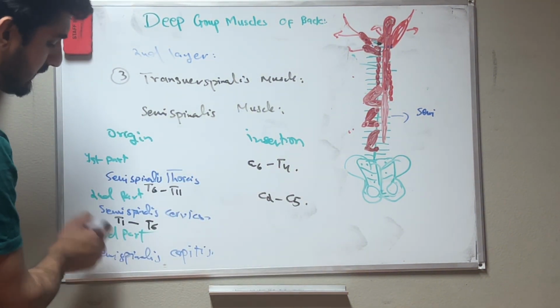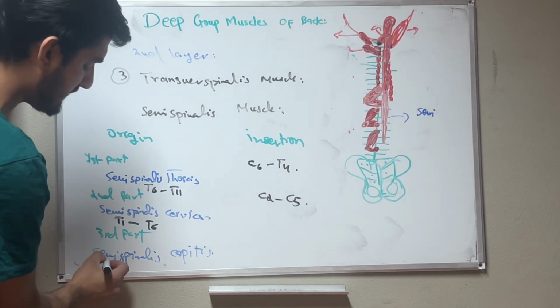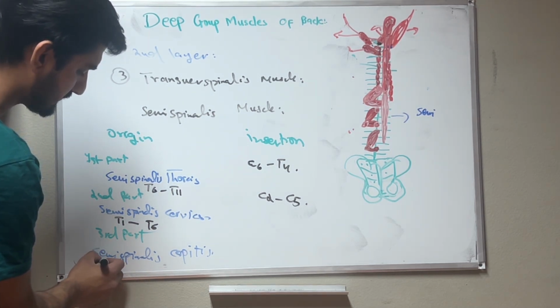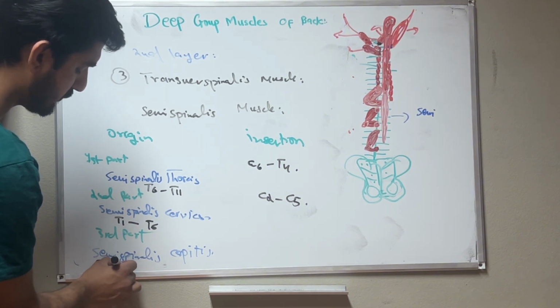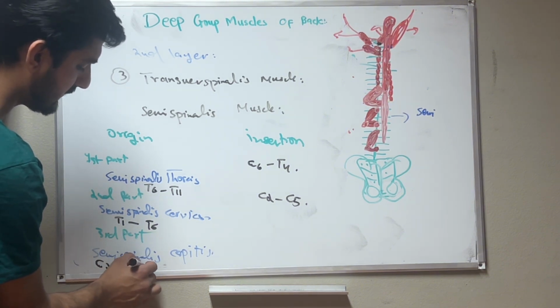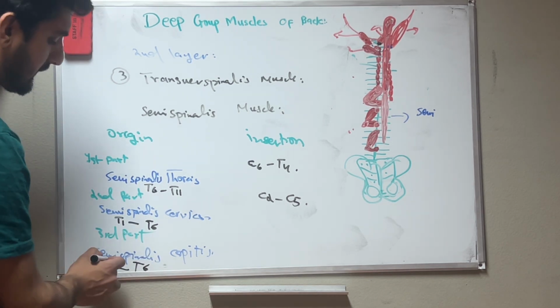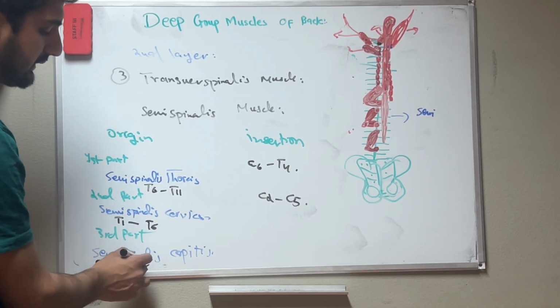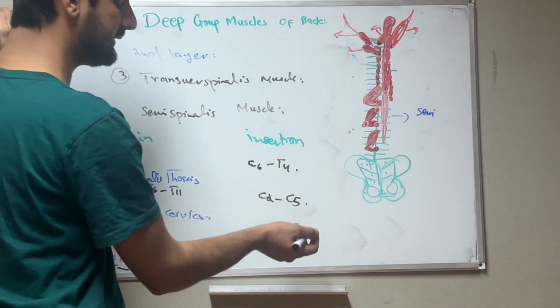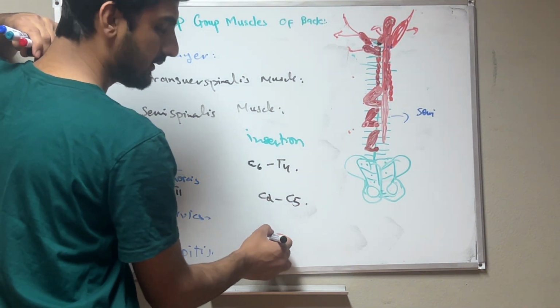Then the semispinalis capitis muscle originates from C5 to T6 vertebra and inserts into the occipital bone.